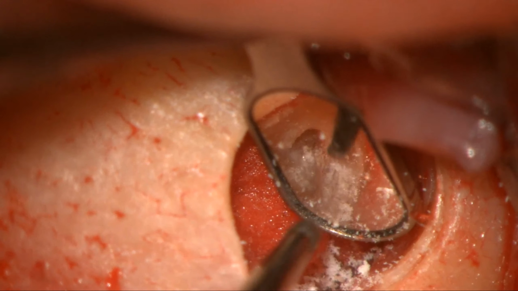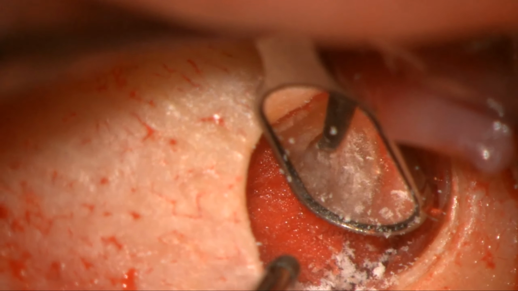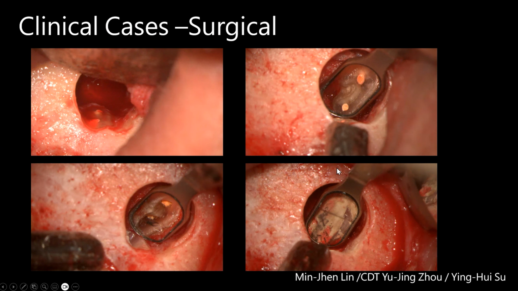Here is the view before retrograde preparation, and as you can see, there is some isthmus here. So I prepped the isthmus also and filled with MTA. Okay, this is the suture, and this is the root part.